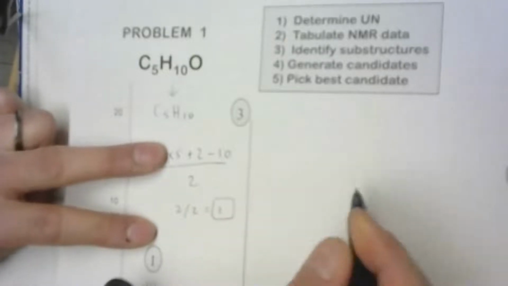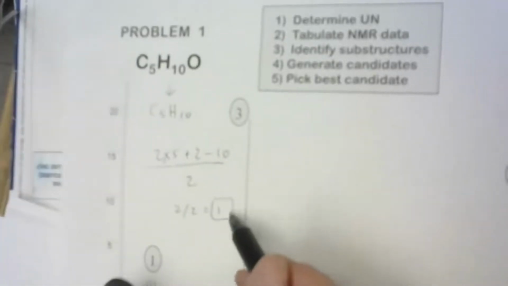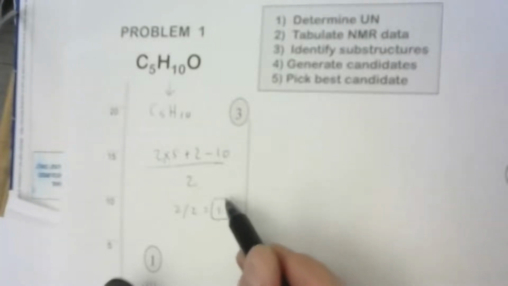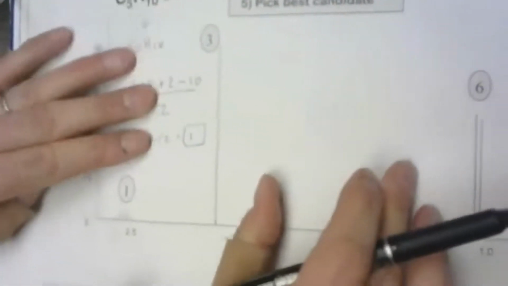That's incredibly important information, because what is the meaning of UN? The meaning of UN is either a ring or a double bond. Now, it could be a double bond to oxygen also.